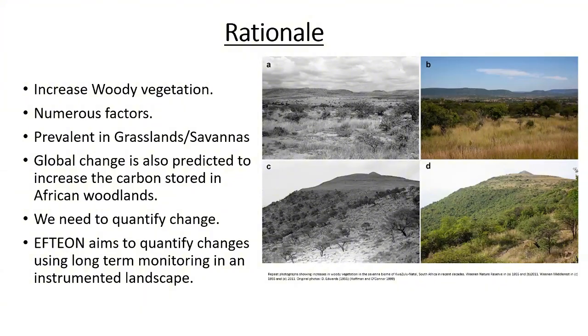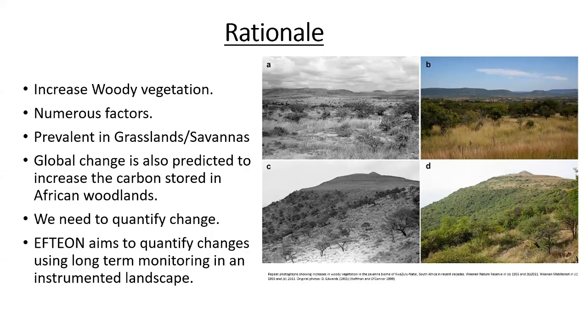But often the reasons could be an increase in CO2 levels, changes in temperature and rainfall, the use of fire in the system, and also the management of the land, and that affects woody encroachment. And so within South Africa, grasslands and savannas are our largest biomes, and these seem to be the most affected by woody encroachment.